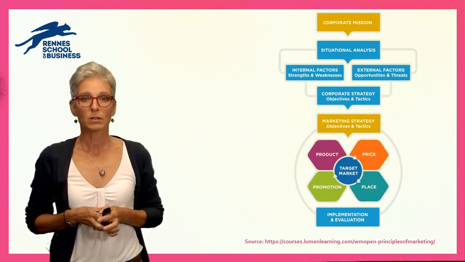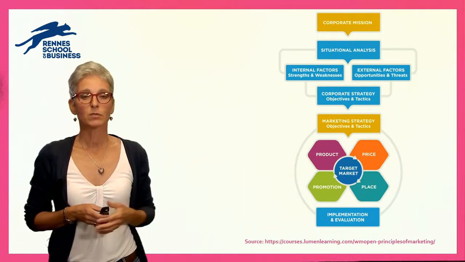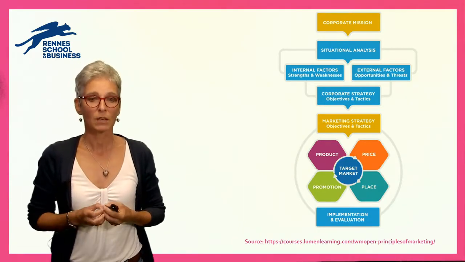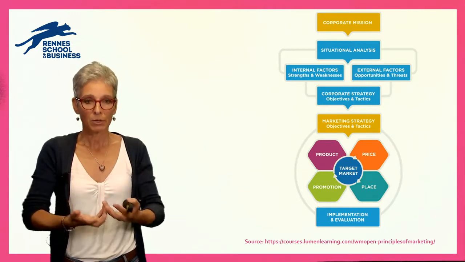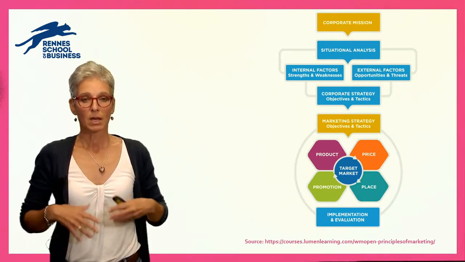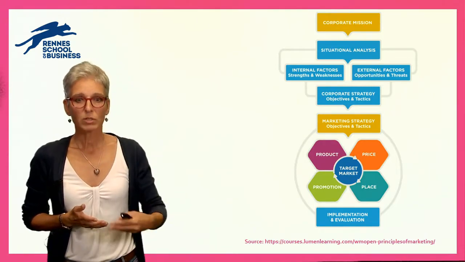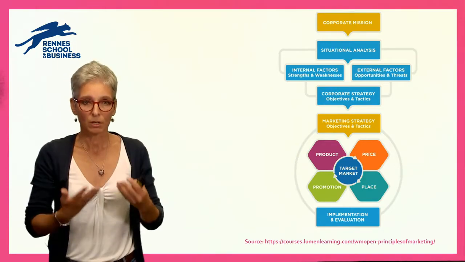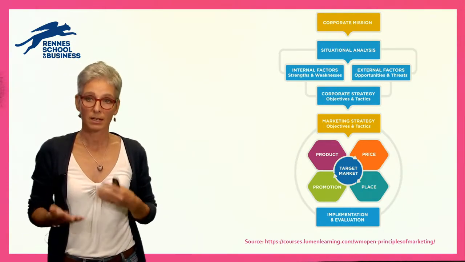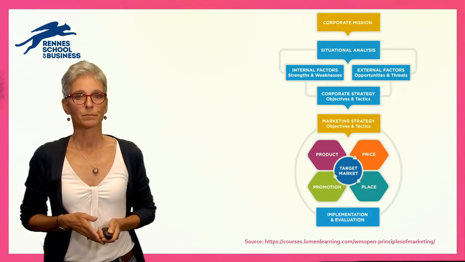From that, we're going to devise our marketing strategy, and then we're going to develop what we call the marketing mix, which is going to create the product or service and how it's presented to the consumer and implement that in the market. Each time we need to renew that process and come back up to the top and restart the situation analysis, because as we've seen, the environment is changing.